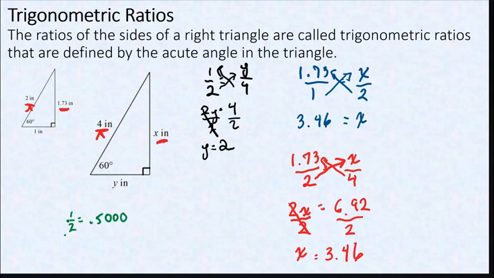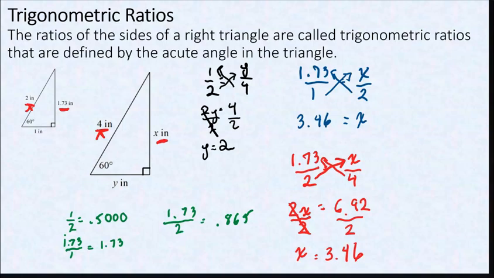I'm going to use decimal points for a specific reason. 1.73 divided by 1 is still 1.73. Then 1.73 divided by 2 is about 0.865.